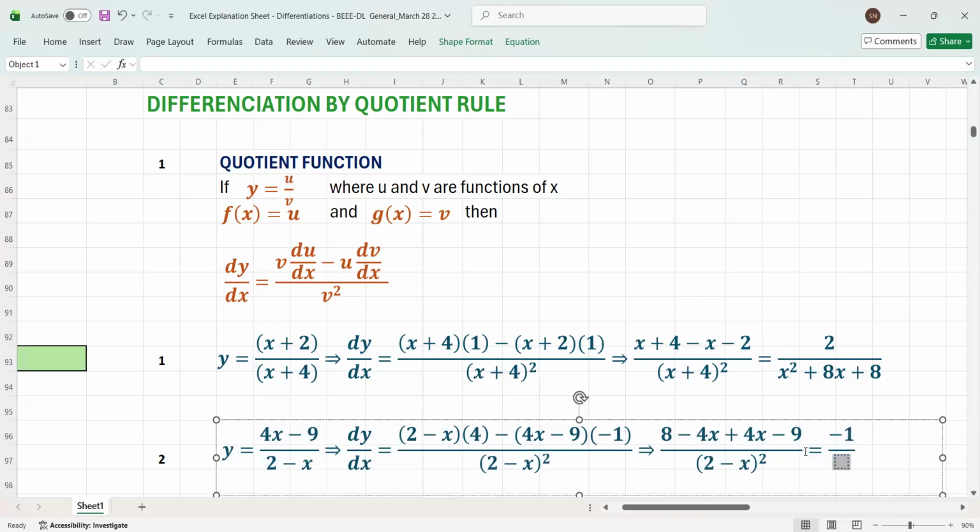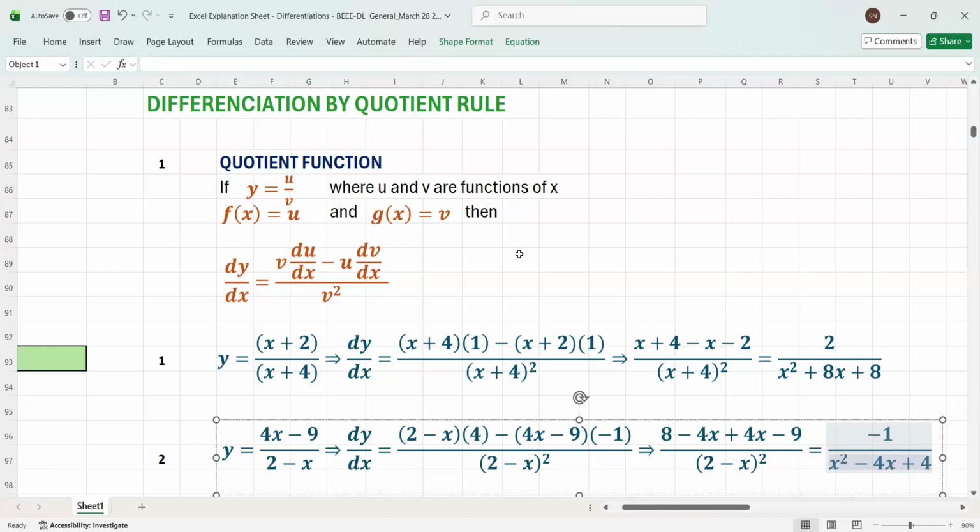And then the denominator, you are supposed to get x squared, -2x, -2x, so that gives you -4x, and then all plus 4. I think that should be your final answer.